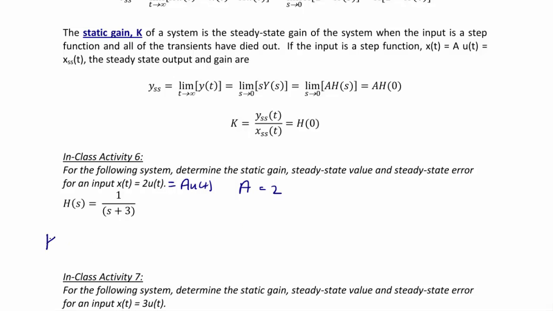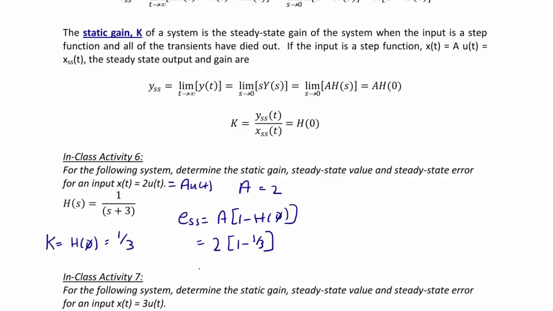The static gain k is equal to H of 0, which equals 1/3. The steady state error is equal to a times 1 minus H of 0, or 2 times 1 minus 1/3. So the steady state error is equal to 4/3.